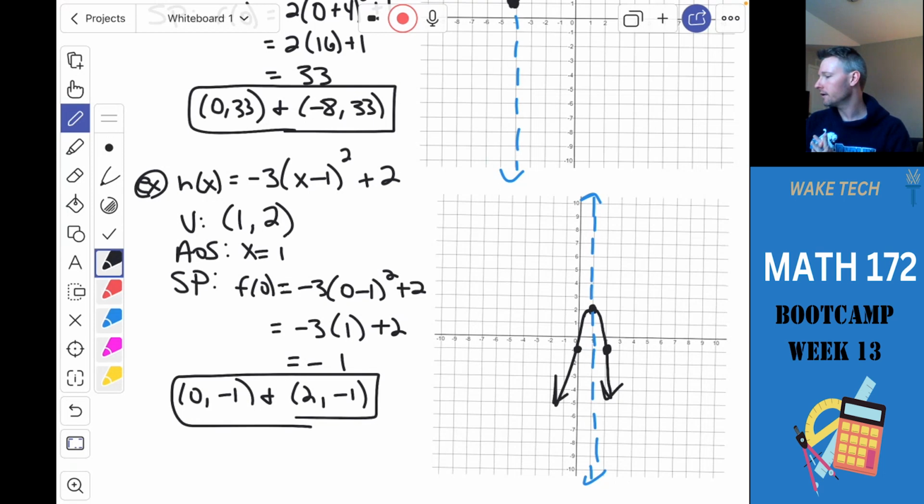Questions about the graph for the characteristics? Okay.